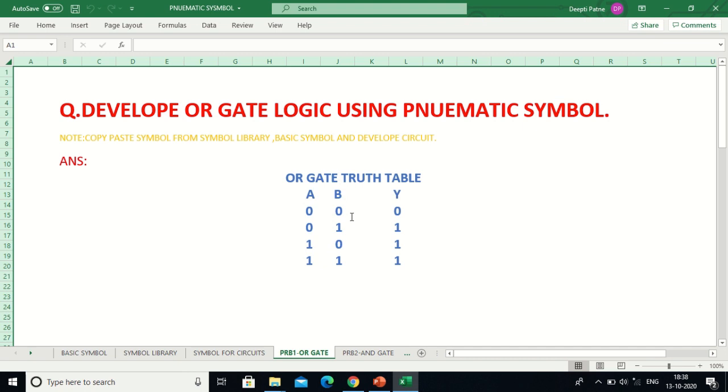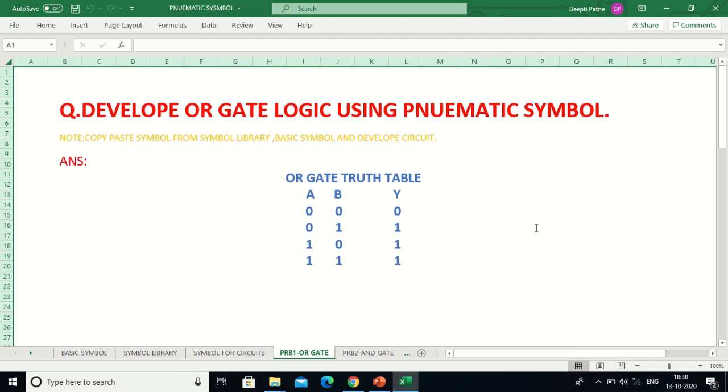What I mean by 0 and 1 here: when A is 0 and B is 0, that means no power supply is available. When A is 0 and B is 1, a power supply is available for B but not for A. Similarly, in the third case, the power supply is available for A, not for B, and in the last case, the power supply is available for both the inputs.